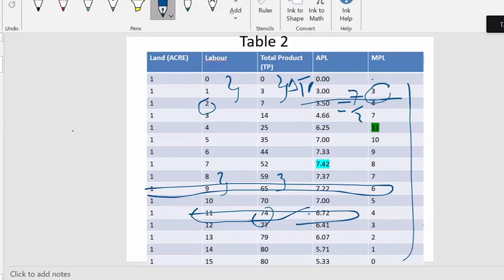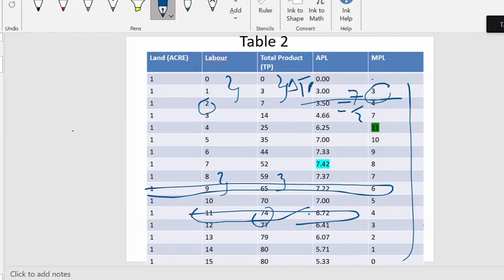So that means 65 minus 59 is what? Is 7. Or is 6, right? MPL is the marginal product. Yeah, 65 minus 59 is what? Is 6. Then it divided by 1 more. From here to, from 8 to 9, there is 1 more change, right?